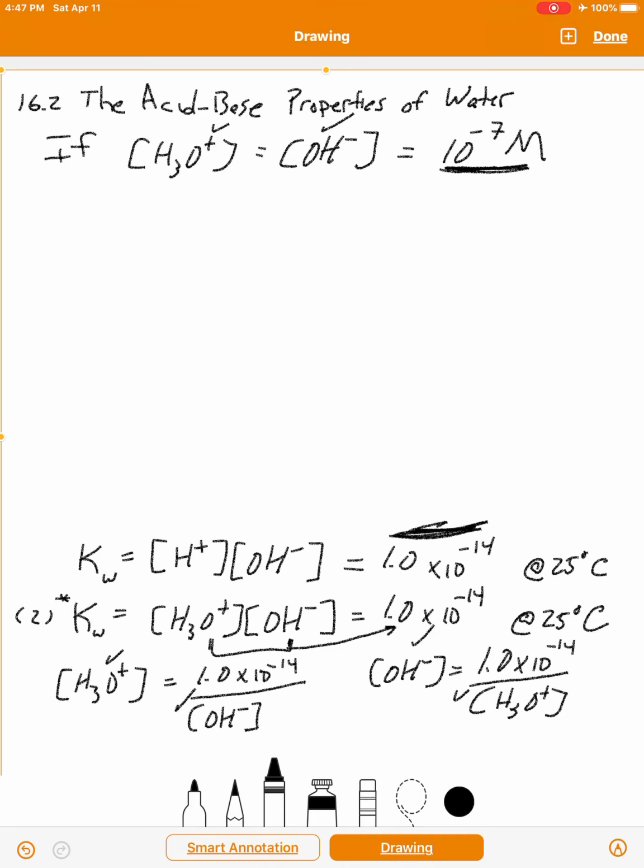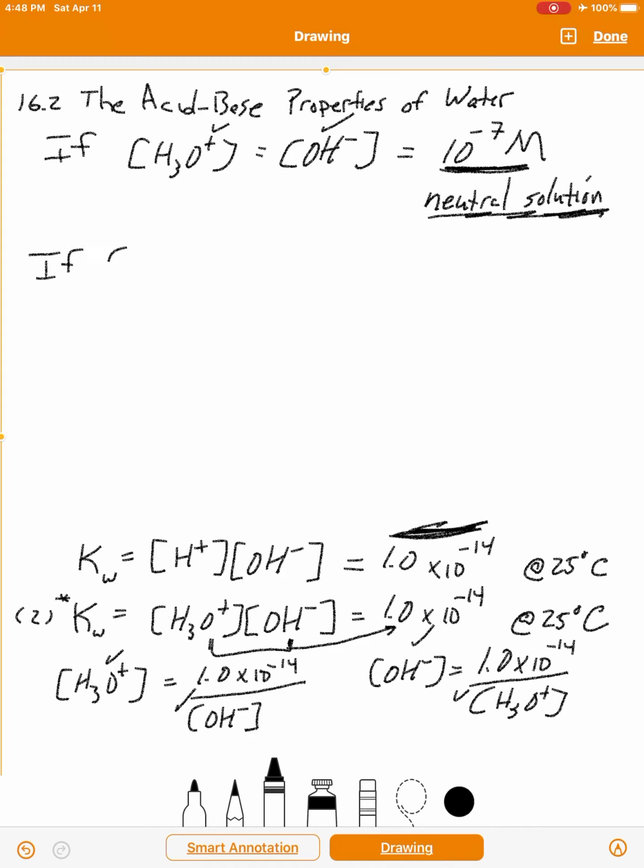And so if these concentrations are 10 to the minus 7 molar, we call that a neutral solution. A neutral solution is one in which the concentrations of hydroxide and hydronium are equal to each other, which at 25 degrees C would be 10 to the minus 7 molar.